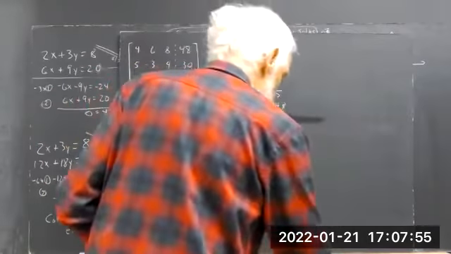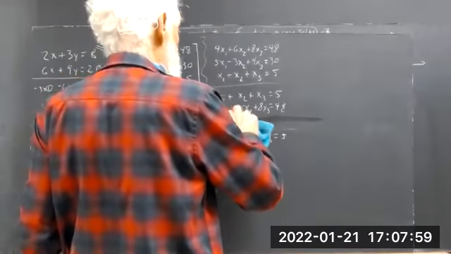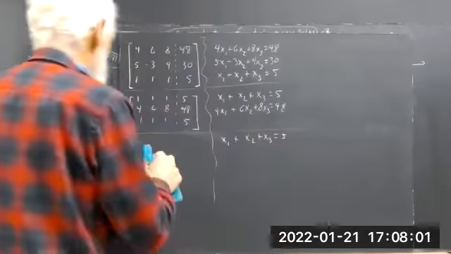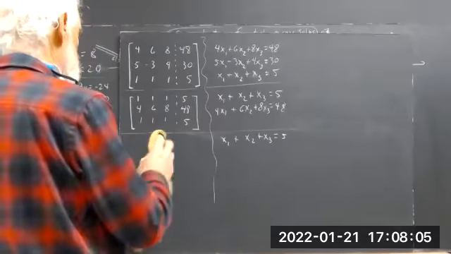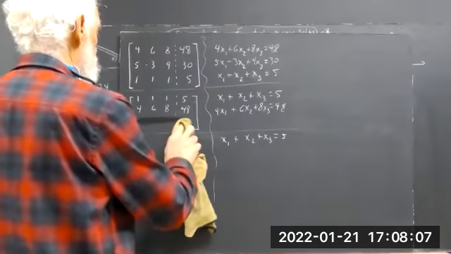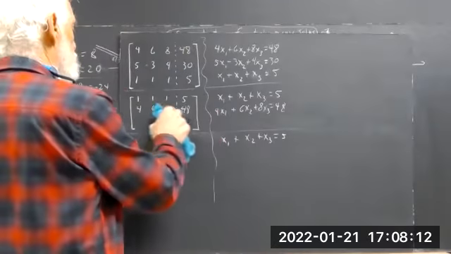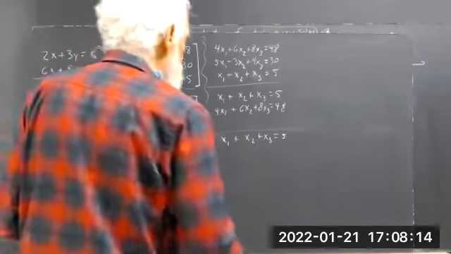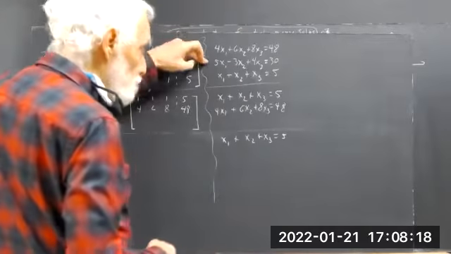When I wrote down the third equation, I just copied the third equation from up here. And of course, I'll do the same thing here. So let me correct it. Okay, third equation should be this equation.